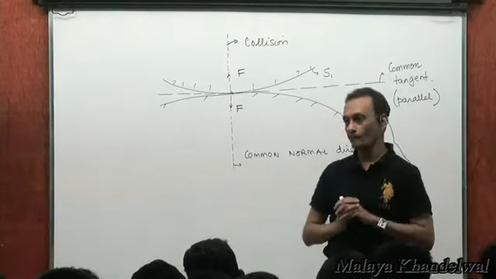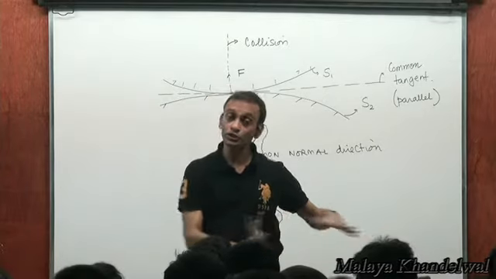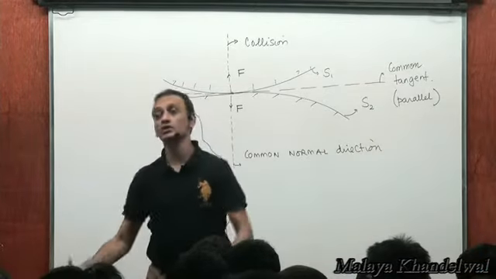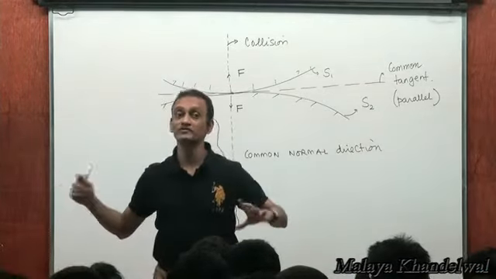Although, in a more liberal sense, they end up saying collision could take place even if surfaces are not in contact, but we'll take the more orthodox view on collision, where there is physical contact between the two surfaces.